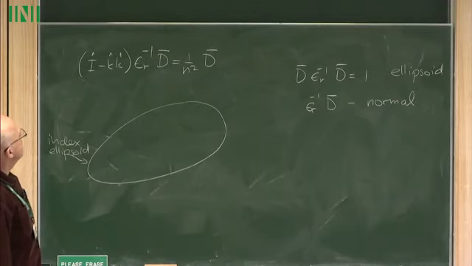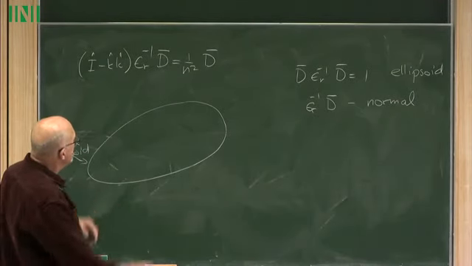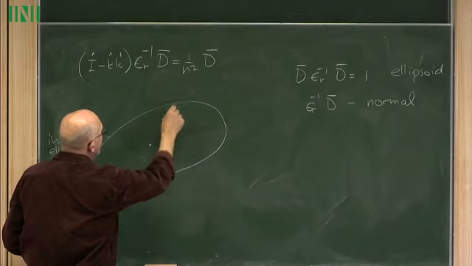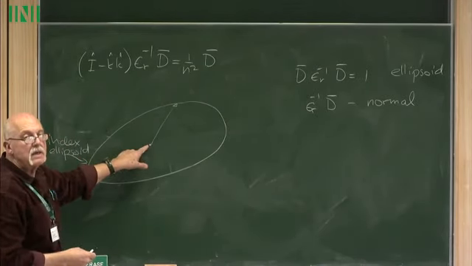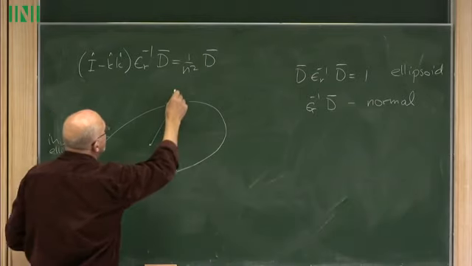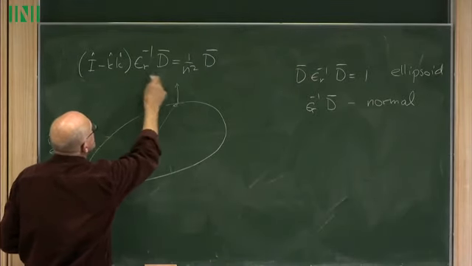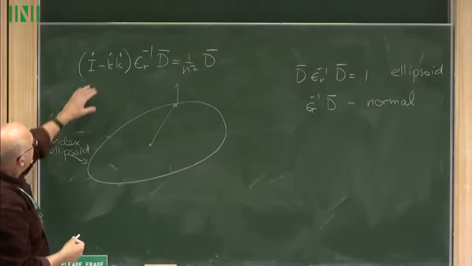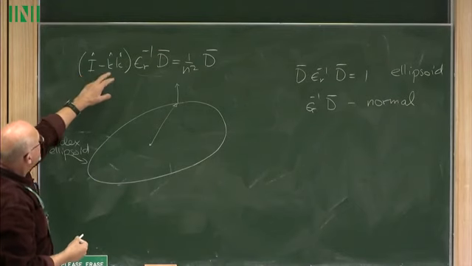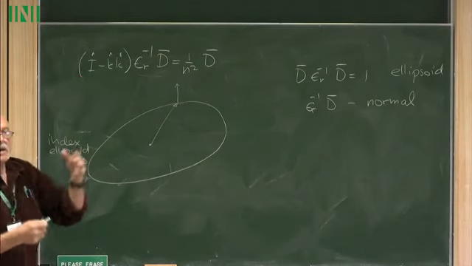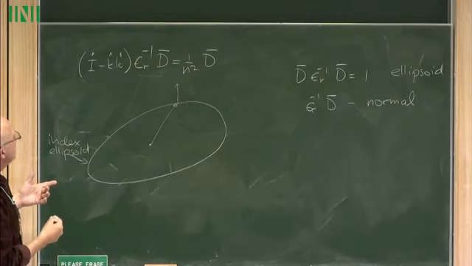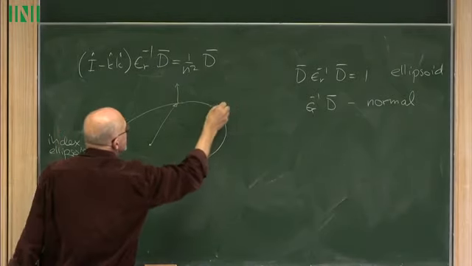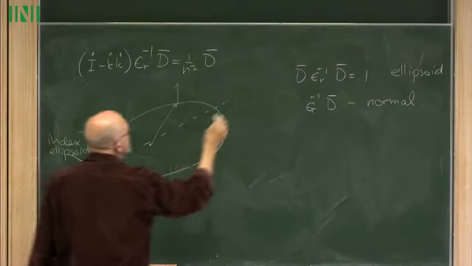What I am saying is, let's imagine that I go to some point on this ellipsoid, and then I look at the normal here, and then I have to project this on the plane which is normal to the propagation direction. So first of all, the axis of this ellipsoid is just the director.